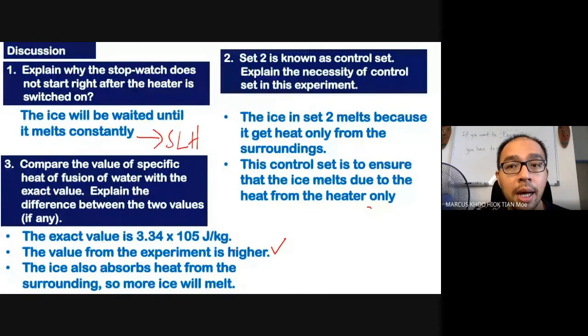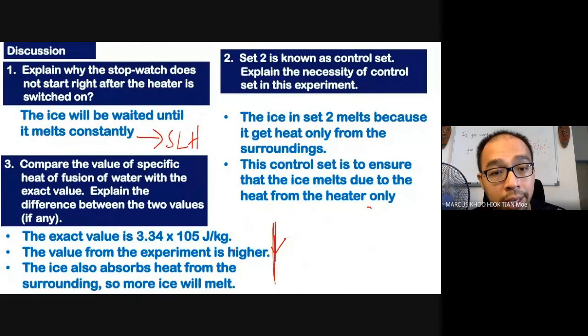The reason why I'm only briefly discussing this experiment is to tell you that when we do experiments to determine the specific heat of fusion of water, which unfortunately can only be done in the lab, I think you can do this at home, but it's a little bit tough, you will find that the value of the experiment is higher than the actual exact value. This is 10 to the power of 5.